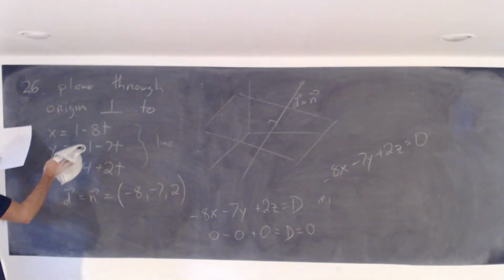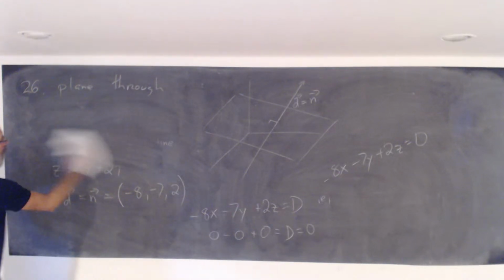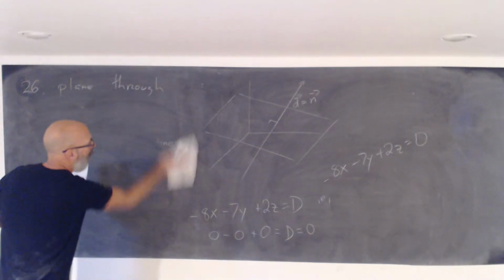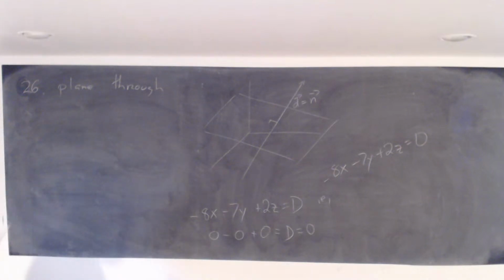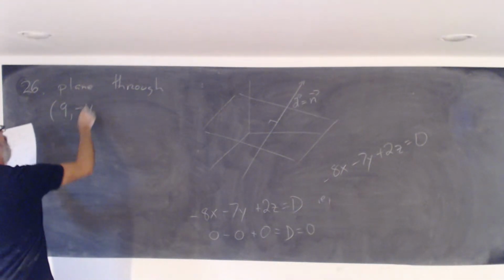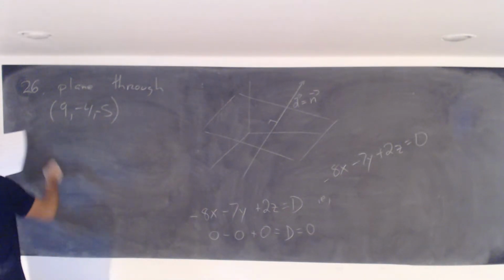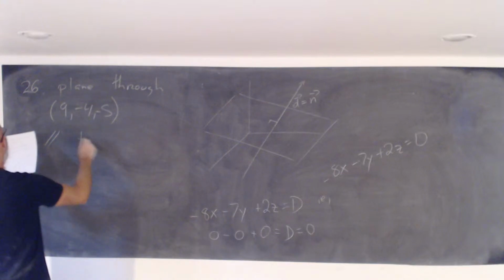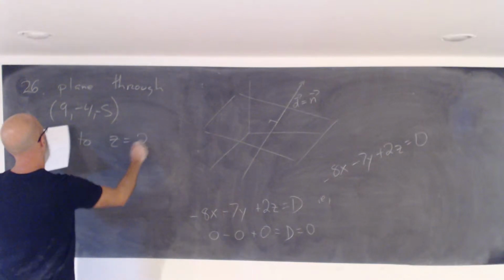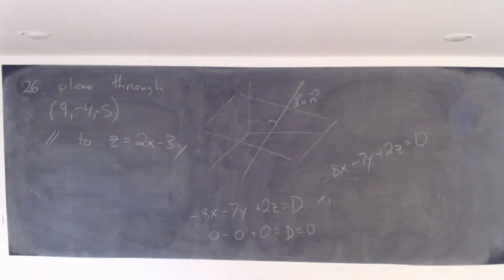Let's do one more, and then I'll tell you where we're headed in the course. Plane through 9, minus 4, minus 5, parallel to this.